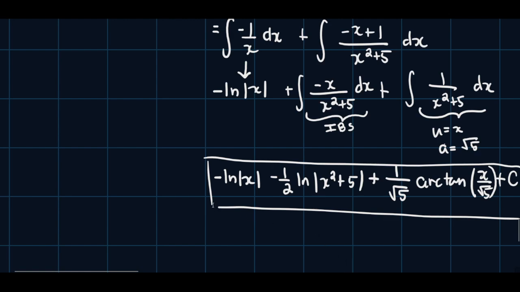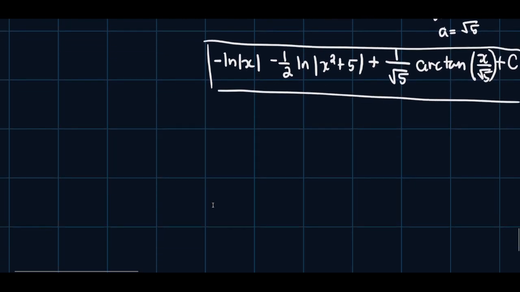Okay, and for the last case ng partial fraction decomposition natin, ito naman yung merong repeated linear factor. Okay? By repeated linear factor, ibig sabihin, linear pa rin siya, pero may power siya. Okay?